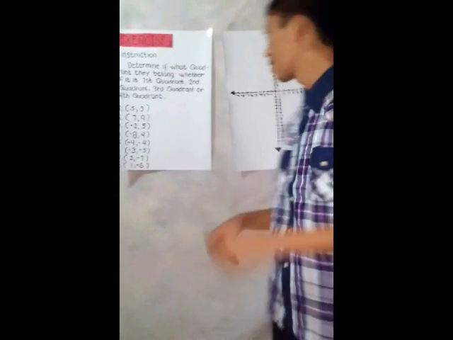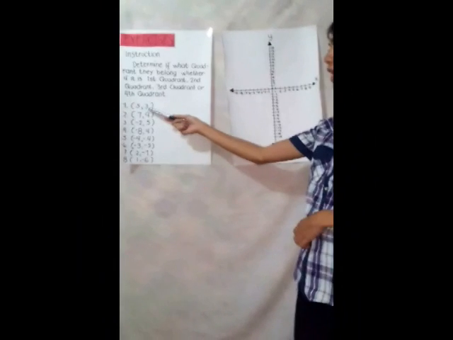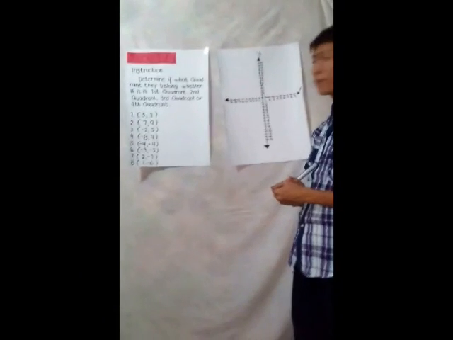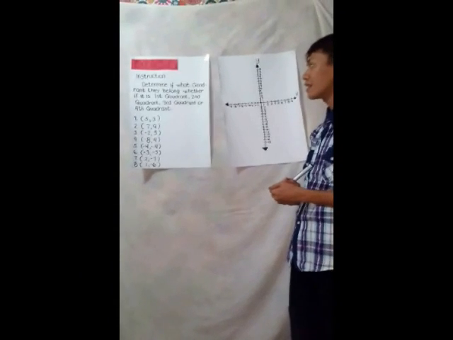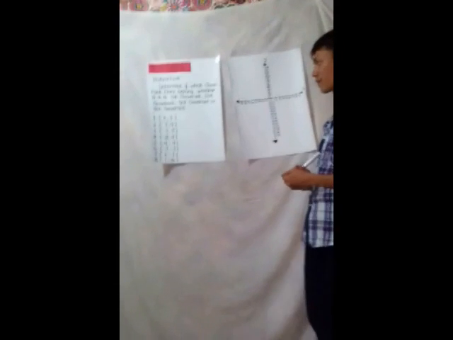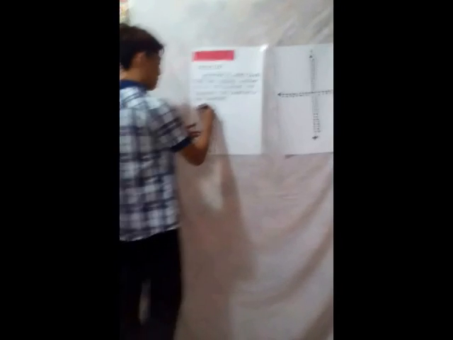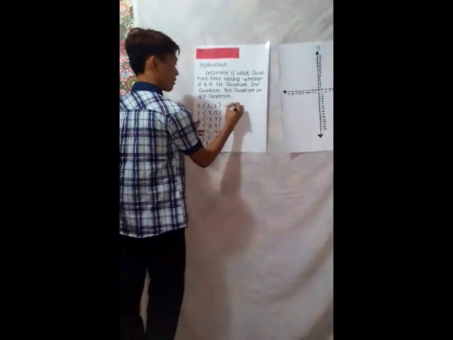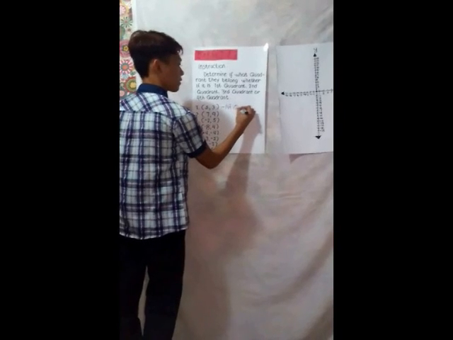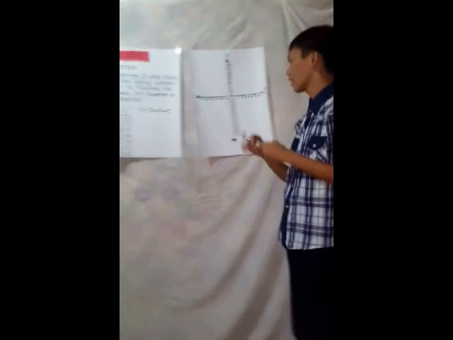Okay, let's check if your answer is correct. So in number 1, we have 5 and 3. What do you think is the answer? Is it in the first quadrant, second quadrant, third quadrant, or fourth quadrant? So the answer is first quadrant. So in the first quadrant, let's see.